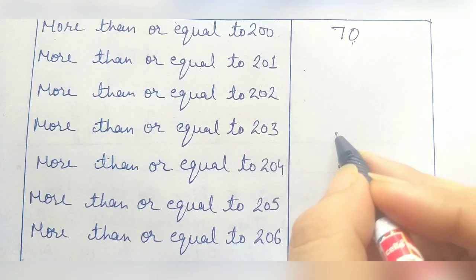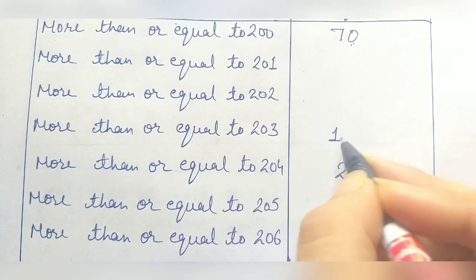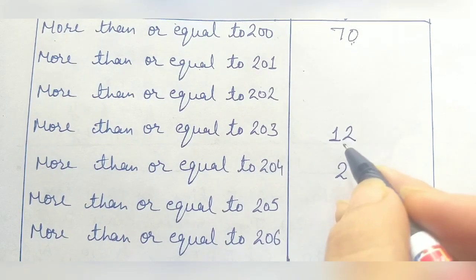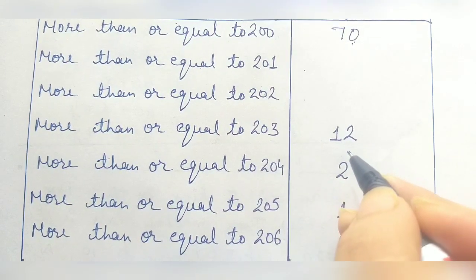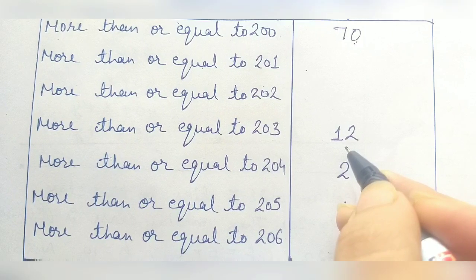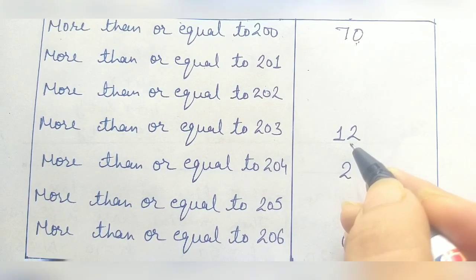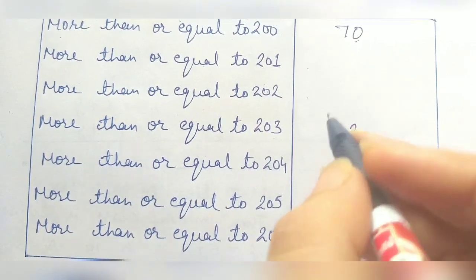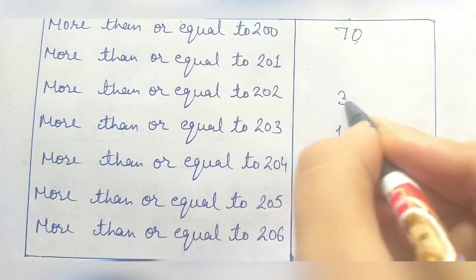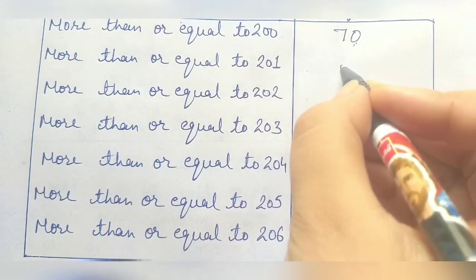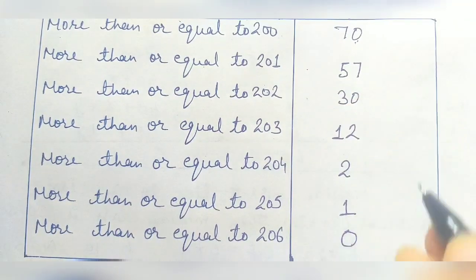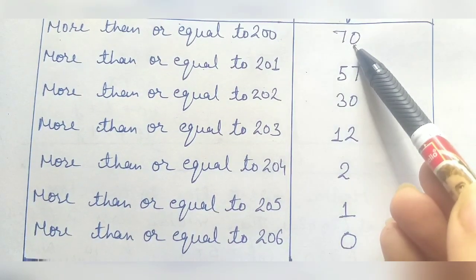Next value is 12. We have value 10 in the 203 to 204 interval. The next value is 30, the next is 57, and the highest value is 70.